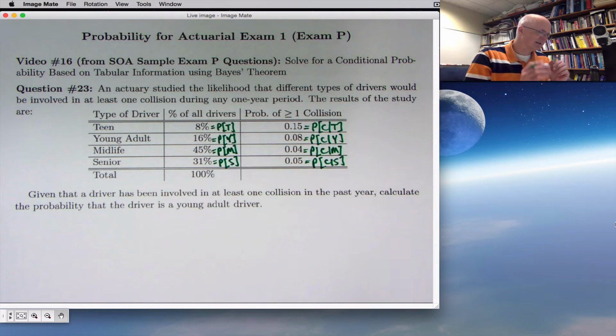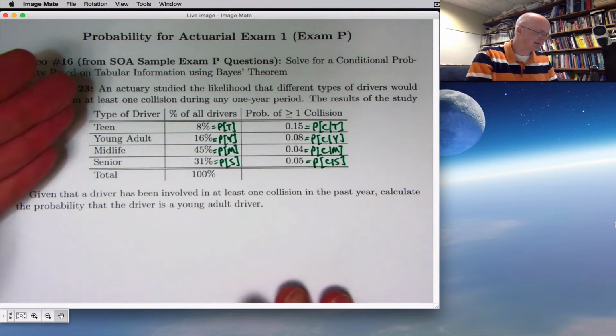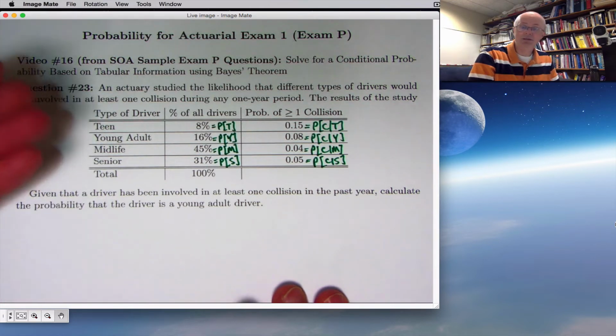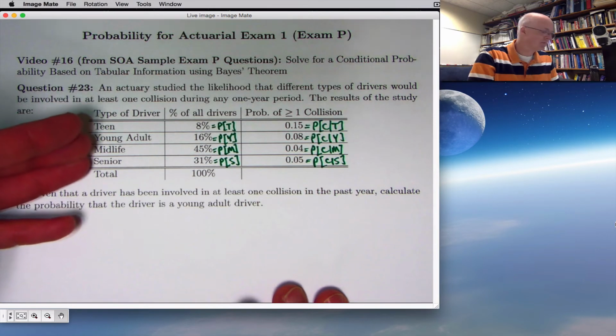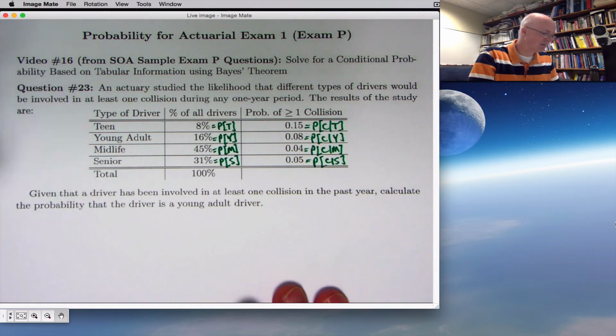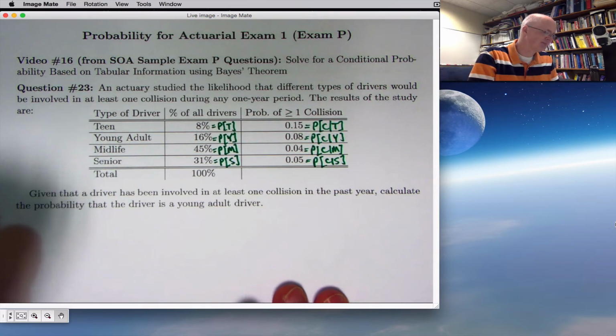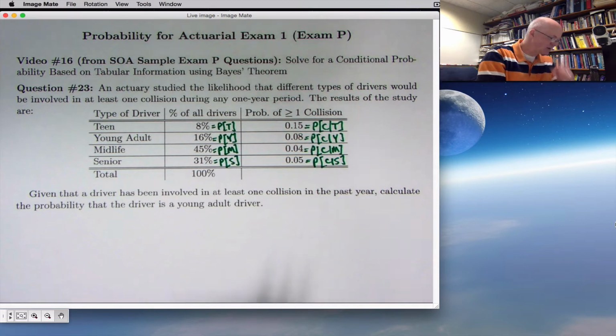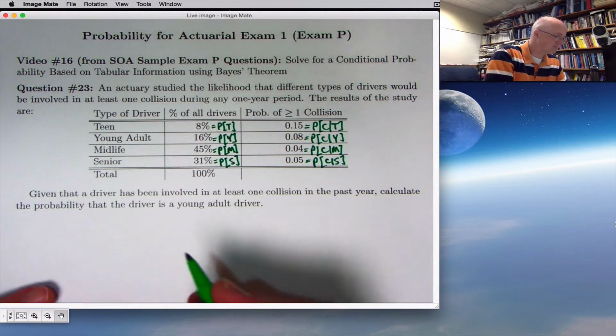Okay, so this is a big hint that this is going to involve Bayes' theorem. You've got these categories which really represents a partition of the sample space. These are non-overlapping, and their union is the entire sample space, representing every driver being in exactly one of those categories. And you know conditional probabilities, and you want to find a conditional probability as well.